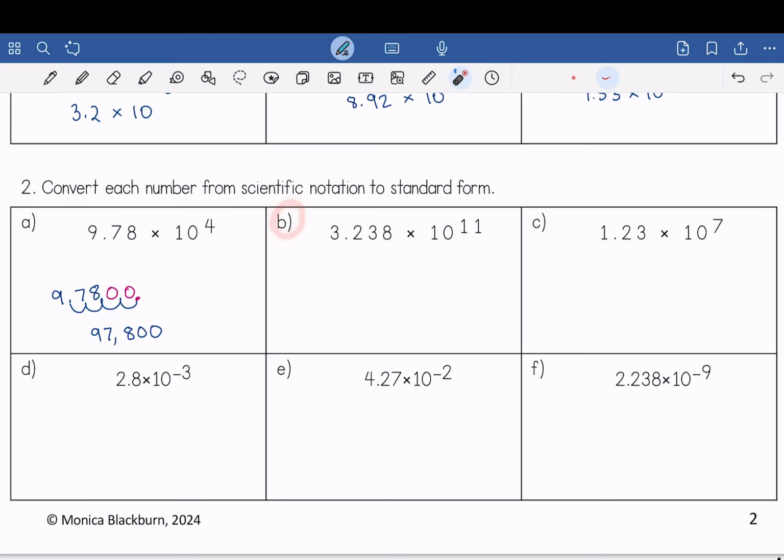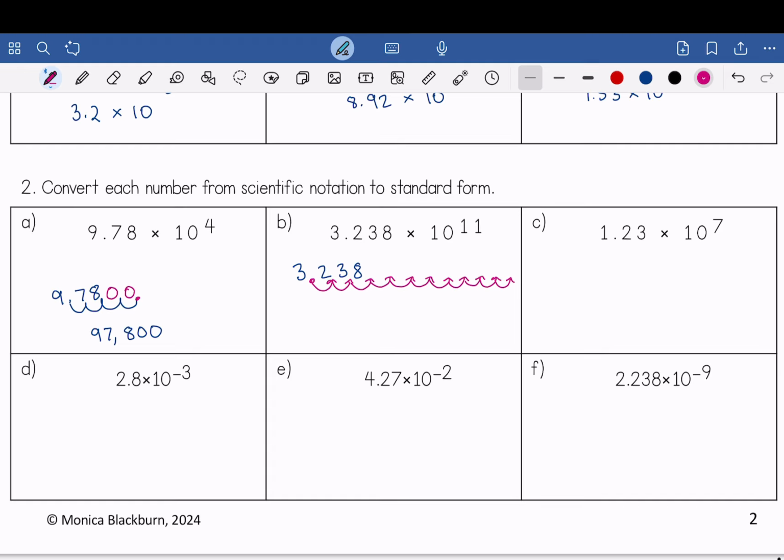So question B, the exponent is 11 and it's positive, so we're going to move the decimal point to the right by 11 places. I'm going to rewrite the number here, 3238. We started off with the decimal point being here, and now I'm going to move 11. So it's 1, 2, 3, 4, 5, 6, 7, 8, 9, 10, 11.